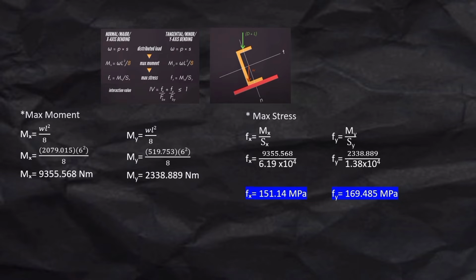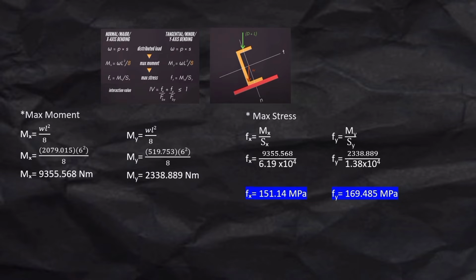Para naman sa pagkuha ng max stress, F is equals to M over S, which yung S, yung Sx and Sy, makukuha natin yon sa properties ng C purlins. And yung M, yun na-solve natin sa max moment. Para makuha natin yung max stress, Fx sa normal, o tinatawag din natin na major or x-axis bending, is 9,355.568 over yung 6.19 times 10 raised to 4.